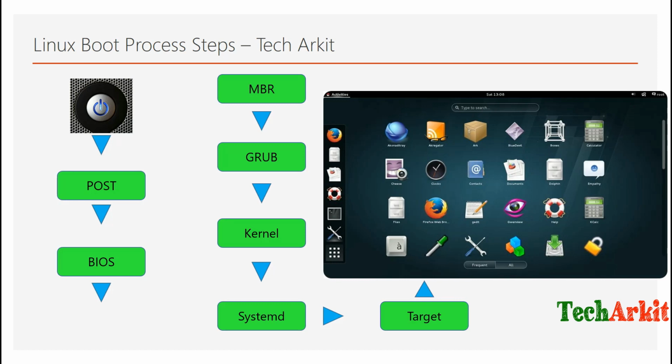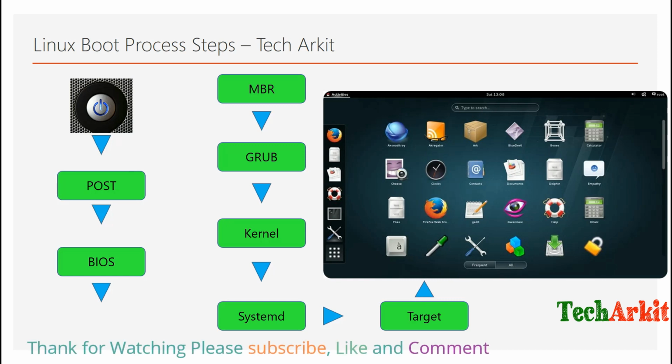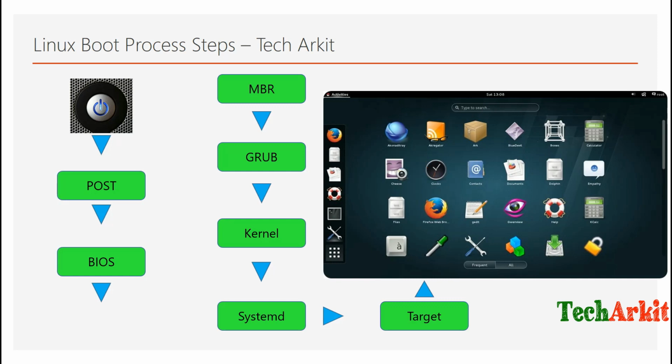Then the kernel process completes, and it starts the processes from systemd. Then it loads the associated target enabled services, and your actual server will be loaded. That's about the boot process, crisp and clear, I hope.